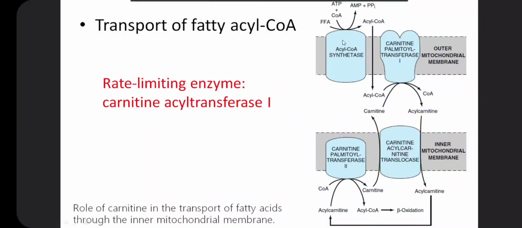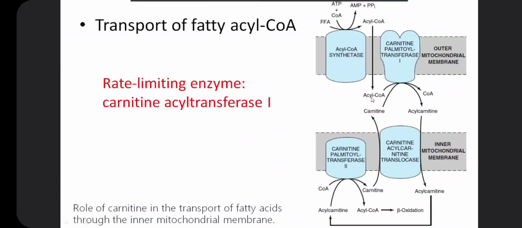This enzyme can activate the fatty acid into acyl coenzyme A, and this acyl coenzyme A can cross the outer mitochondrial membrane into the intermembrane space.